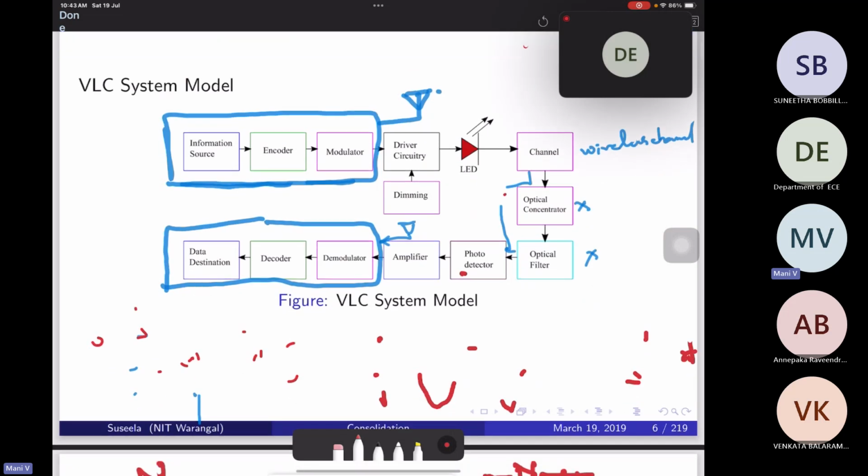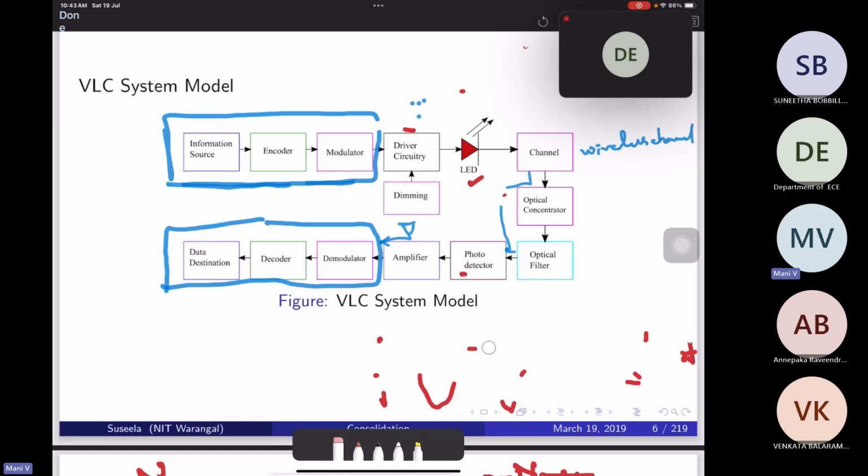The signal from the source is modulated to pass through the LED and comes through the channel. The channel is a wireless channel; there is no link between. We also used an optical concentrator, but this is a very costly affair. We have conducted experiments without an optical concentrator and with an optical concentrator.